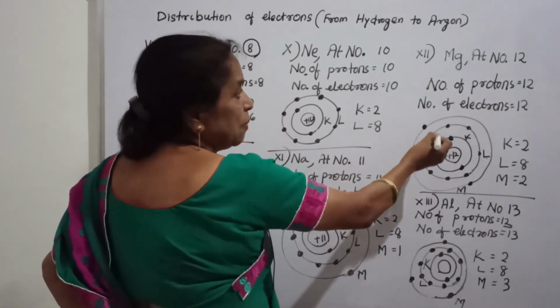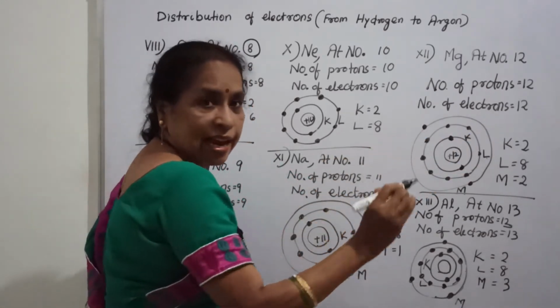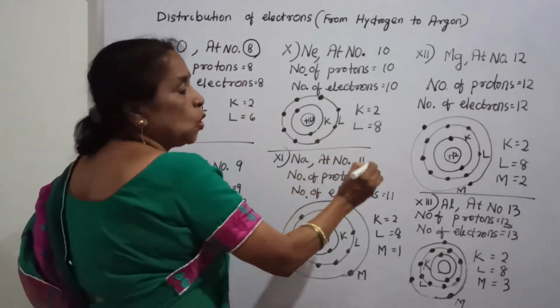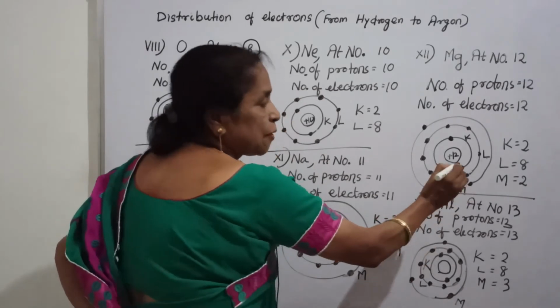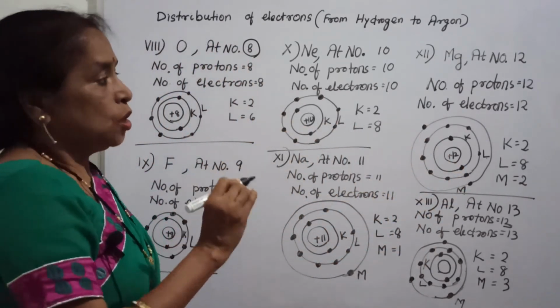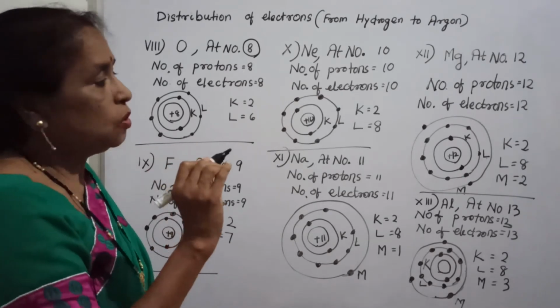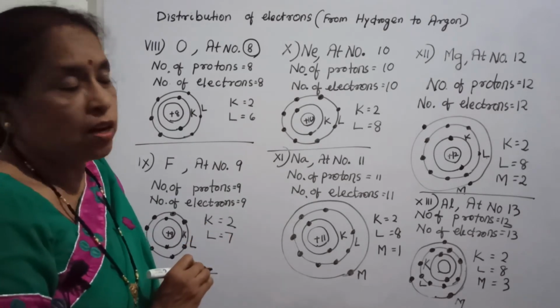So what about the remaining electrons? K shell has 2 electrons, L shell has 8 electrons, and the remaining 2 electrons will go to the next higher energy shell, that is M, that is 2 electrons. So what is the electronic distribution here? K 2, L has 8, M has 2 electrons.